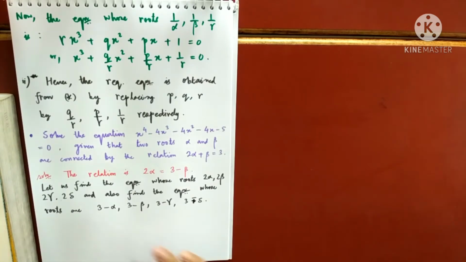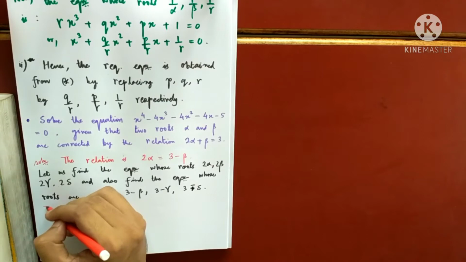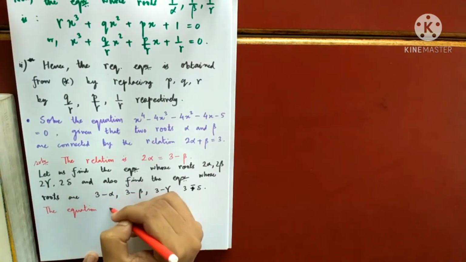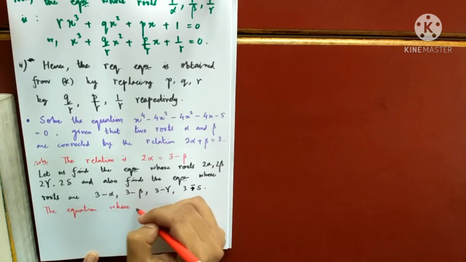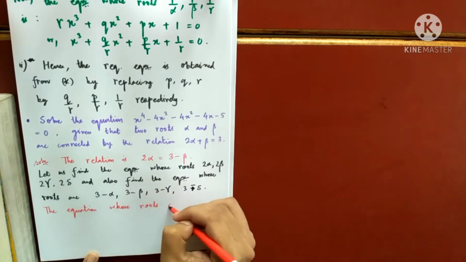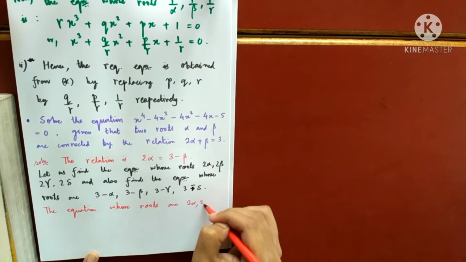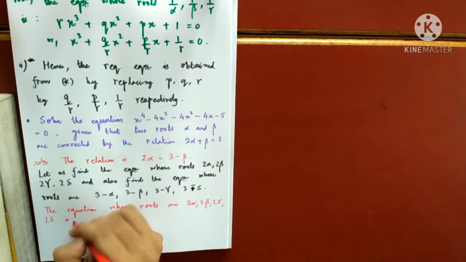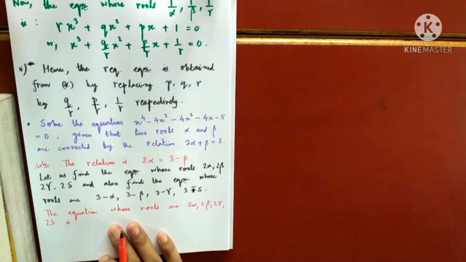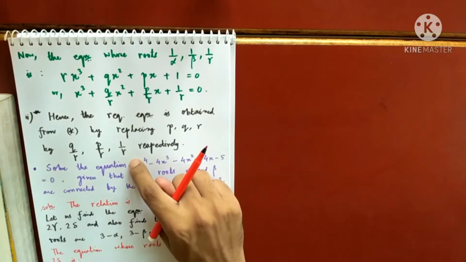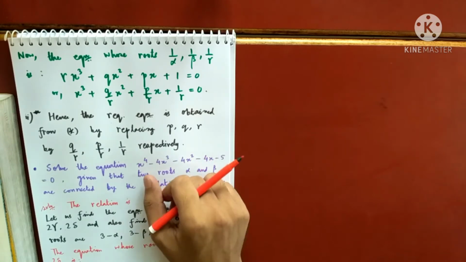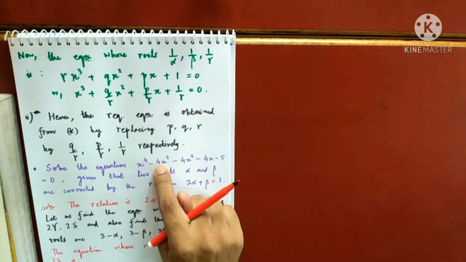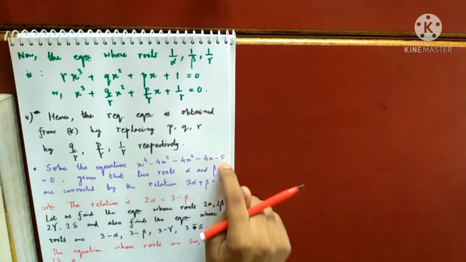So let us find the first equation, the equation whose roots are 2 alpha, 2 beta, 2 gamma, 2 delta. You know how to find the equation? I have already given you the rule. The leading coefficient should be 1. It is already 1, and then you multiply by 2, 2 square, 2 cube, 2 to the power 4.